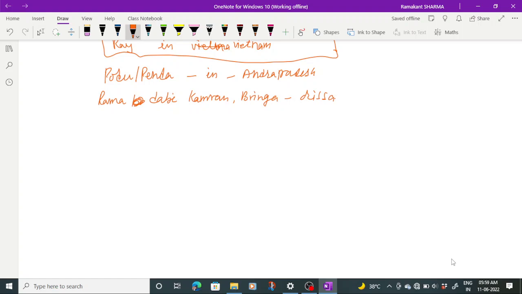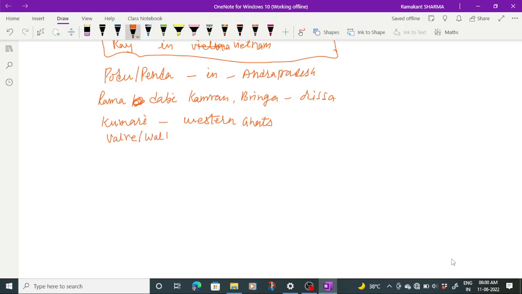Then in Western Ghats it is called Kumari. Then Valare or Valtre.